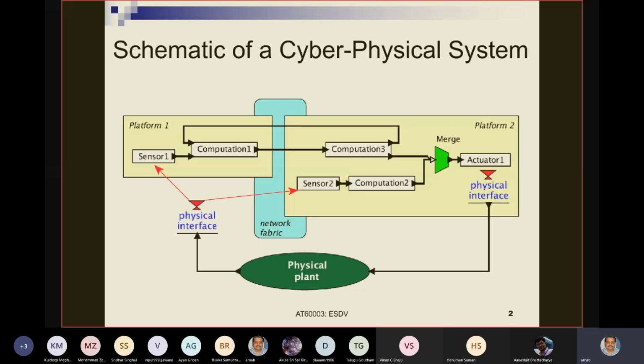We are concerned with the design of the cyber part, which will control this physical system. The physical system could be the brake of a car, a lift, any electromechanical system.